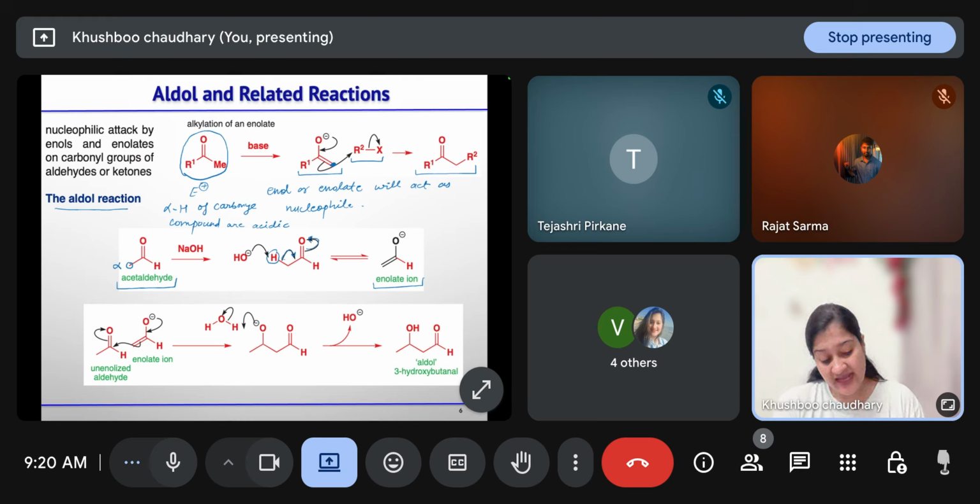Once this enolate ion is generated, it is in equilibrium and present in lesser concentration, and in its environment more of the unenolized acetaldehyde will be present. So when the enolate forms, it reacts with the unenolized aldehyde, acetaldehyde. How does it react? These electrons on O negative fall back and attack through the pi bond on the carbonyl carbon.